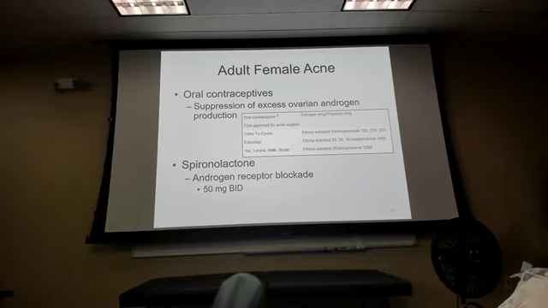When we're talking about those OCPs, then we will talk about those that suppress excess ovarian androgen production. So it's talking about Ortho Tri-Cyclen, talks about Estrostep, Yaz, Loestrin, Nikki.